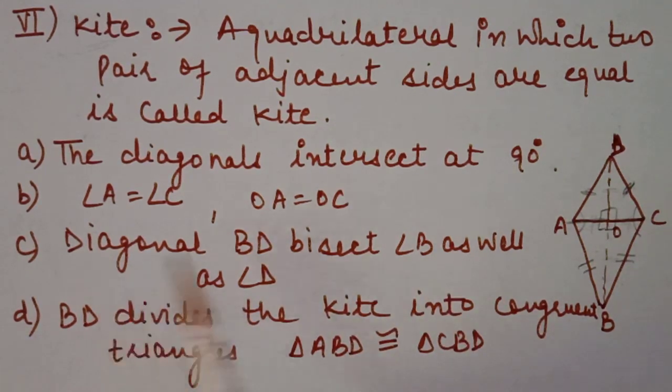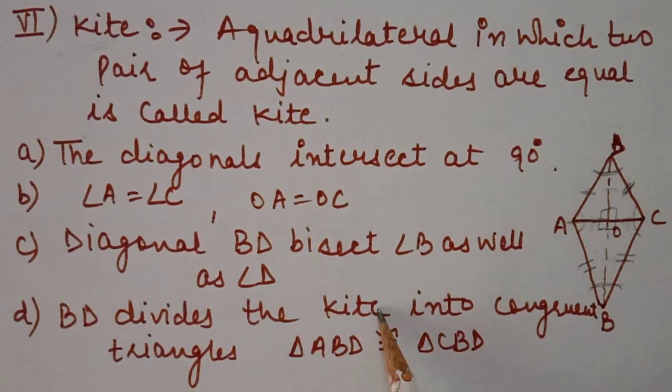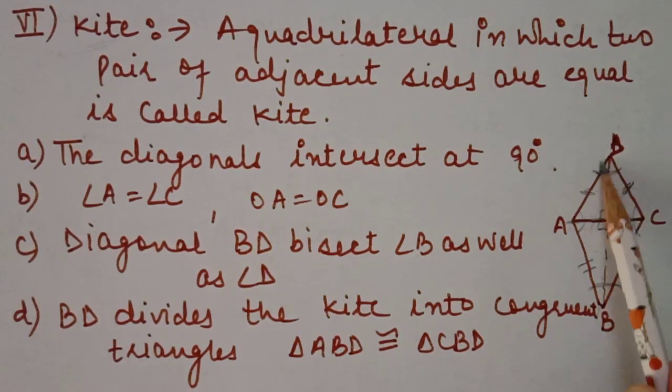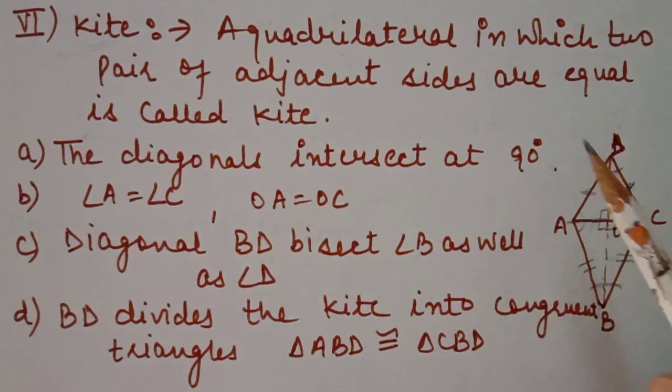Students, diagonal BD bisects angle B as well as angle D. BD divides the kite into two congruent triangles. For congruency, students, we need three elements. You know it very well. Let me check whether they are congruent or not.